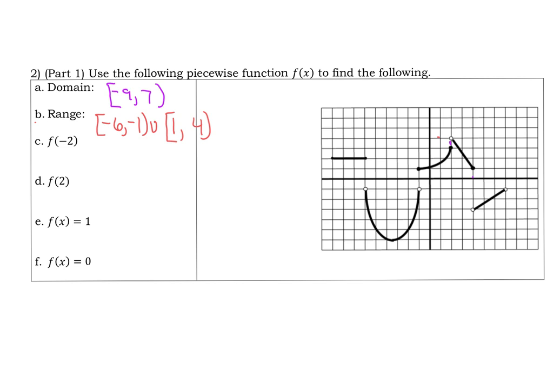Now we'll go to when f is -2. So at -2 is right here. I come down, and the y value at -2 is -5. And then f at 2 is right here, and at 2, that's the closed circle, so that one is at 3. And now, get rid of those, and now I'm going to do f of x equals 1.